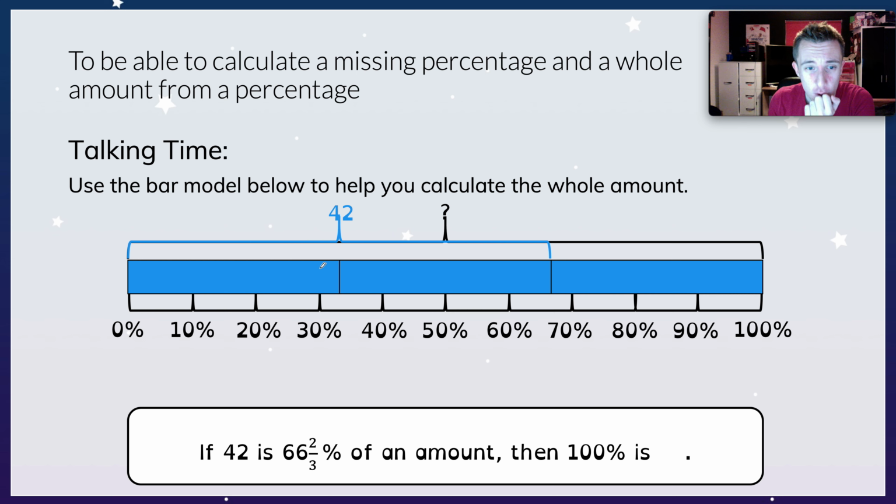At the moment, both of these are worth 42. The problem is I can't times that by anything to get 100%. So I need to take this 42 and turn it back into 2 lots here. How am I going to do that? Well, I'm going to divide it by 2.